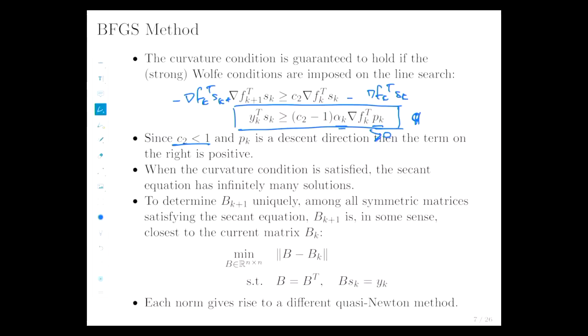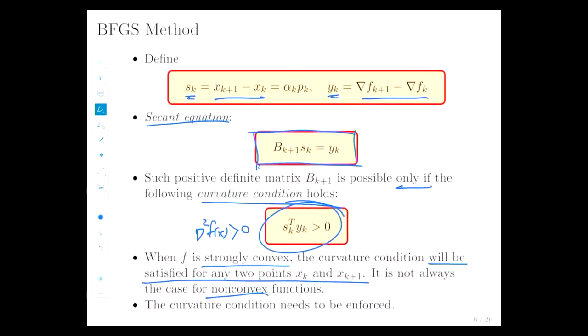Okay. Now, when the curvature condition is satisfied, the second equation has infinitely many solutions. Why is that? Because the second equation, does it have more unknowns than equations or more equations than unknowns? How many unknowns do we have if we are in an n-dimensional space?